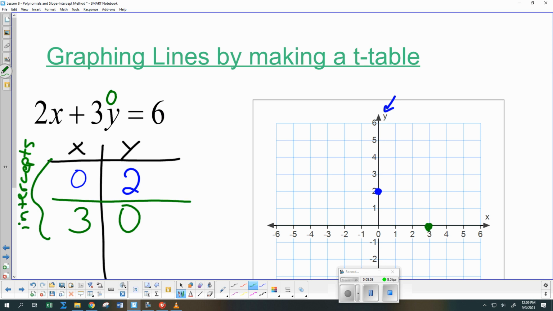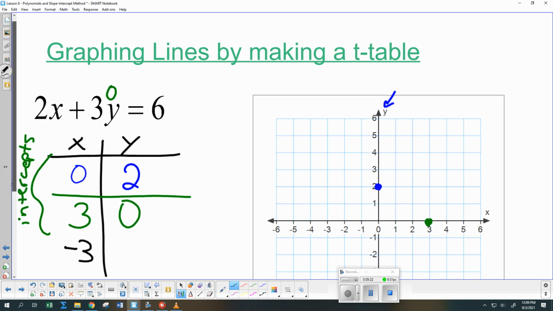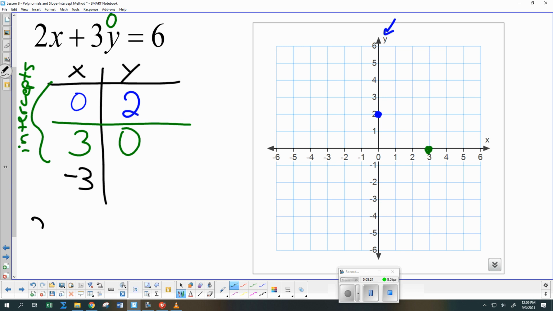I'm going to pick something over there on the left and try to see what I would get if I plug in on that. So I will say, let's pick -3, because that'll put me over here on the left side of the graph. So to evaluate that one, I need to say, well, my equation is 2x, so 2 times -3 plus 3y is 6.